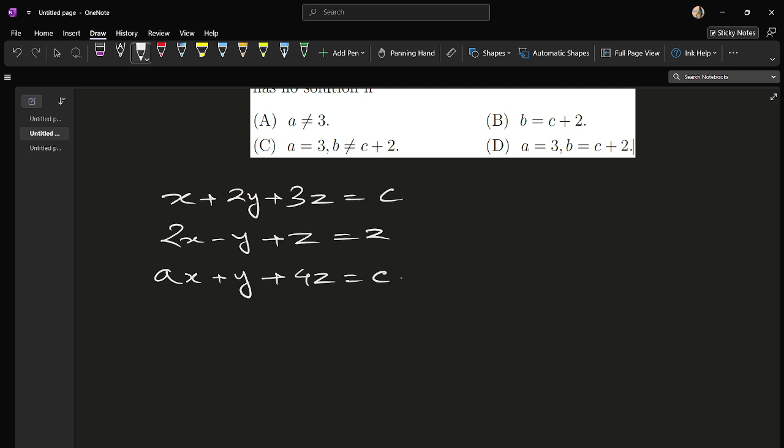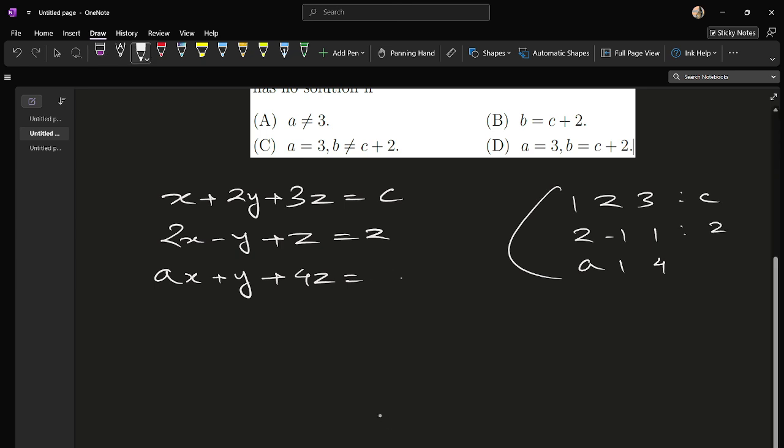Now we can write the augmented matrix, with the coefficients first: 1, 2, 3; 2, 1, minus 1; and a, 1, 4, and the last column is c, 2, b. So this is the augmented matrix, that means A augmented B.